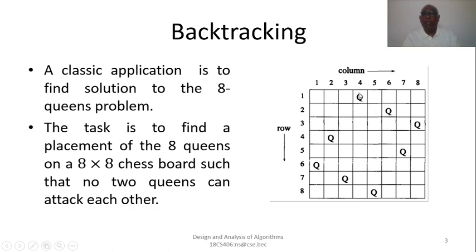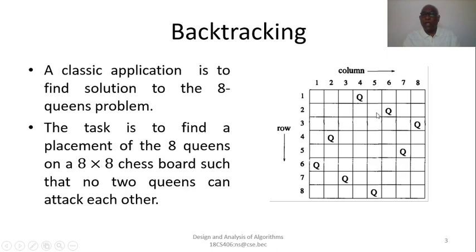For example, the first queen, which is placed in the first row, is in column 4, and no other queen is placed in column 4. And of course, no other queen is placed in the first row. And if you look at these diagonals, no queen is placed in the diagonal in which the first queen is placed.